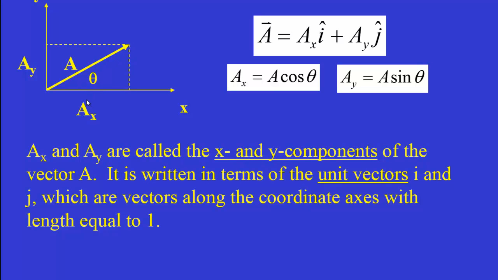And the components A sub x and A sub y have simple trigonometric relationships with the magnitude of vector A and then either the cosine or the sine of the angle that A makes with the positive x direction. So we can use either this unit vector notation, or we can use the component notation like this, and they're complementary to one another.